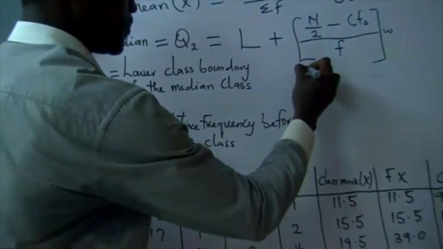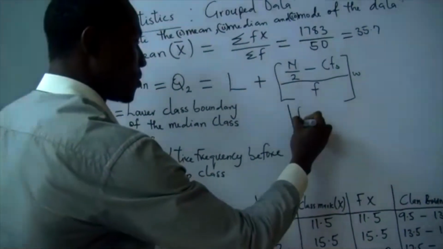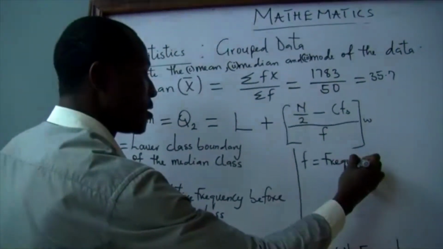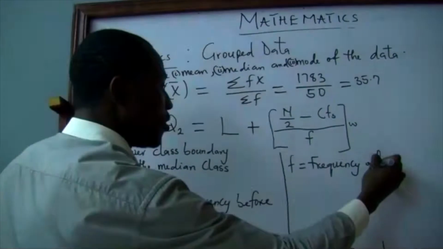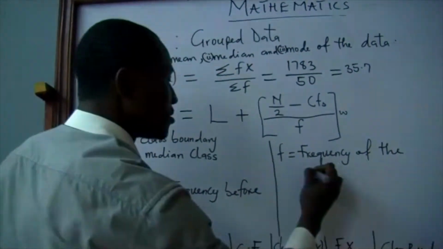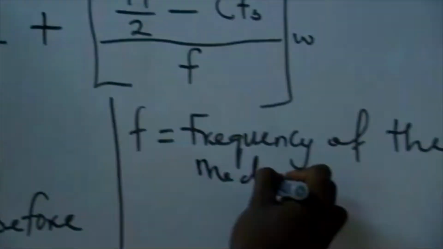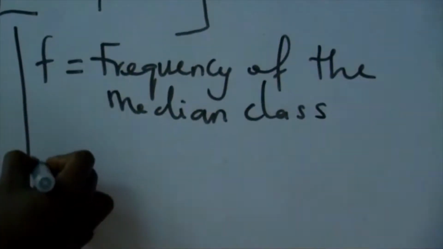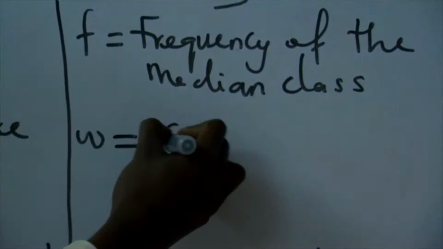F stands for frequency of the median class. Well, finally, W is the class width.